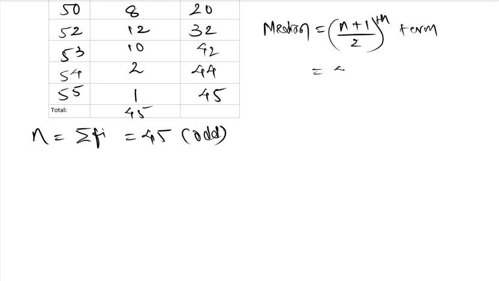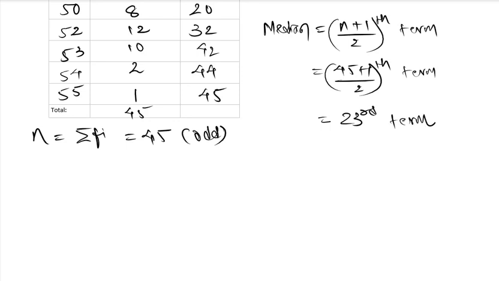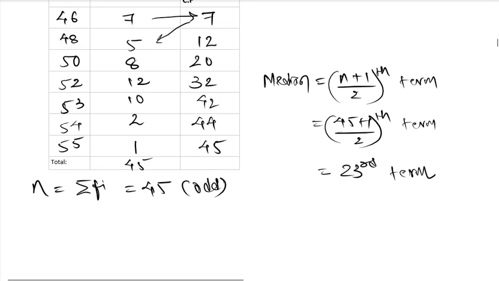That is 45 plus 1 by 2th term. 45 plus 1, 46. 46 by 2 is the 23rd term. Median is the 23rd term. Correct? Great. So we have got the median's term, that is the 23rd term.